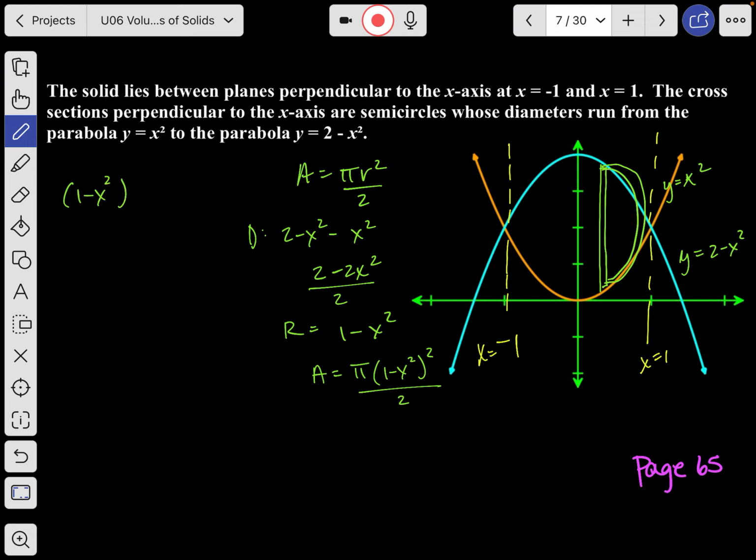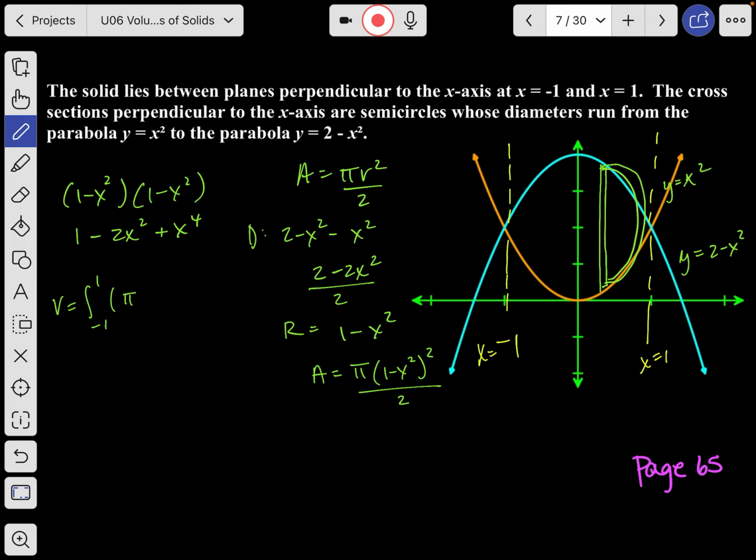So I've got 1 minus x squared times 1 minus x squared, and if I FOIL those together, that's going to give me 1 minus 2x squared plus x to the 4th.